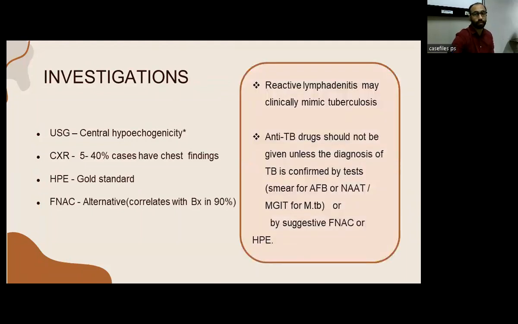It is important to remember that reactive lymphadenitis in the neck may clinically mimic tuberculosis, and anti-tuberculosis drugs should not be given unless the diagnosis of TB is confirmed by tests like smear for AFB, CBNAAT, or a mycobacterium growth indicator tube, or a suggestive diagnosis is given with an FNAC or histopathology.